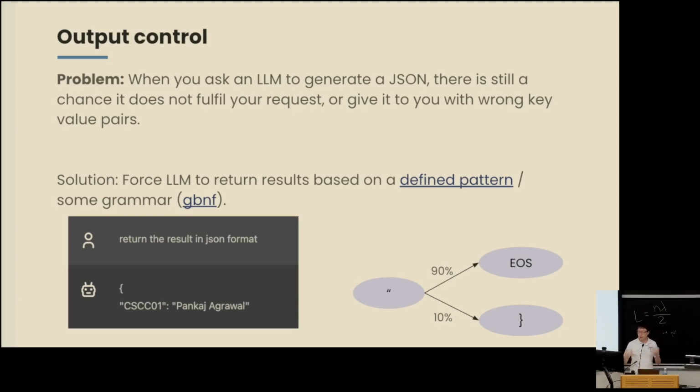The solution here when productionizing LLMs is to force the LLM to return the results based on a defined pattern or based on some grammar. So these are links to the various libraries that you can use to constrain LLM outputs. And it's super important because you always want to figure out those edge cases when the LLM is not really functioning to how you expect.